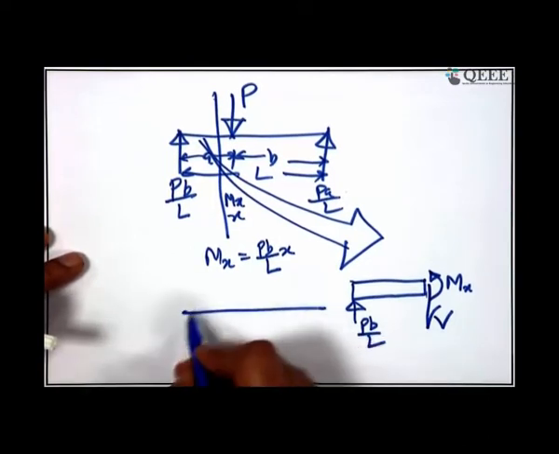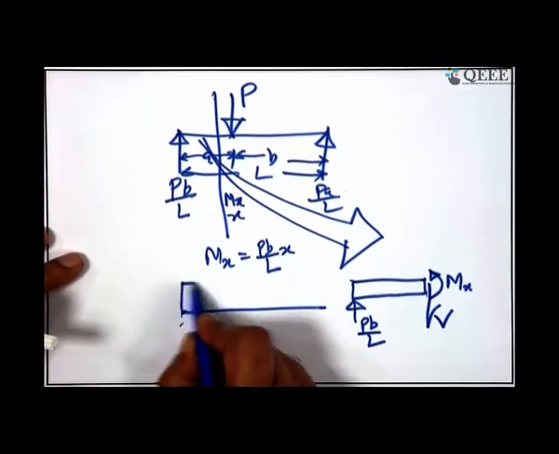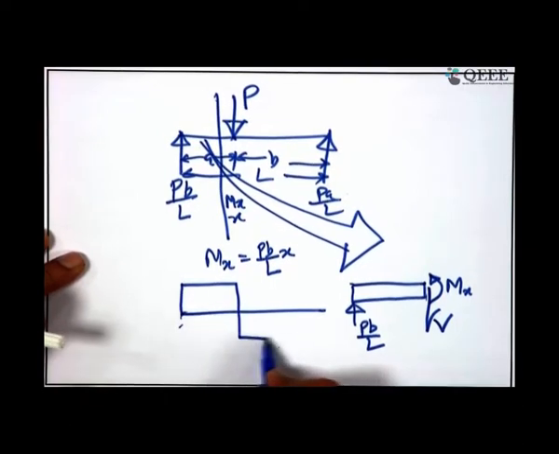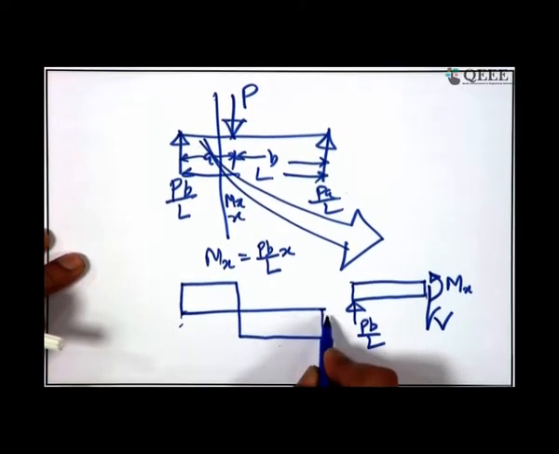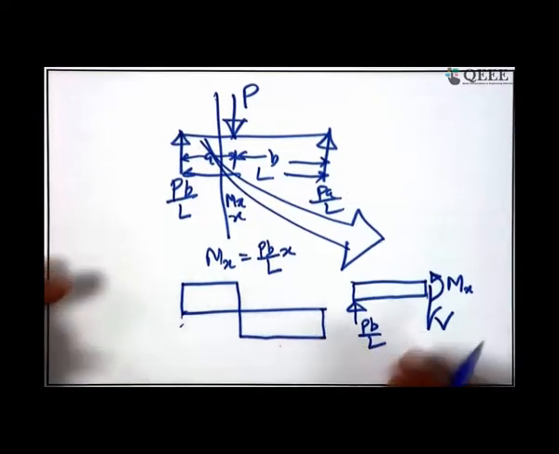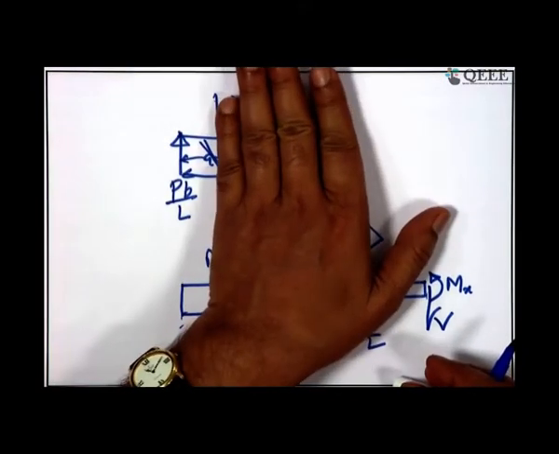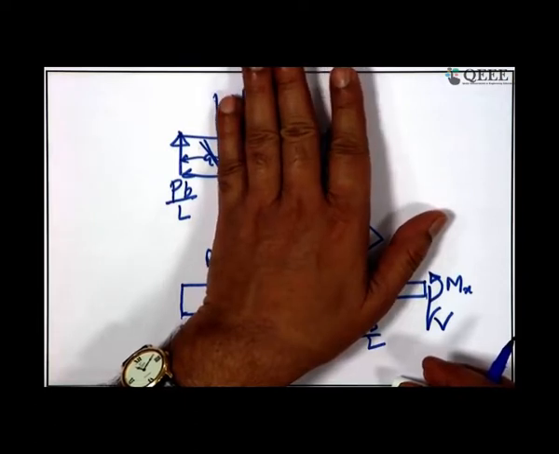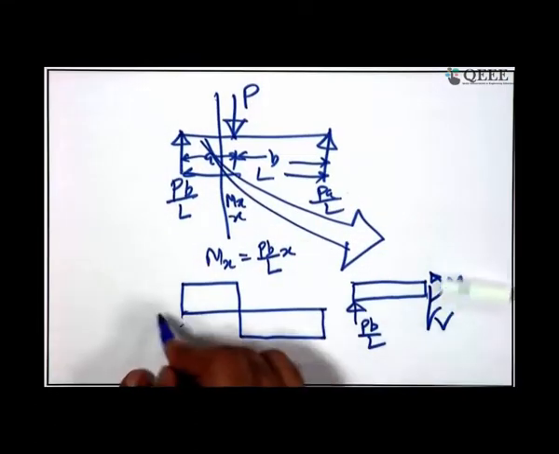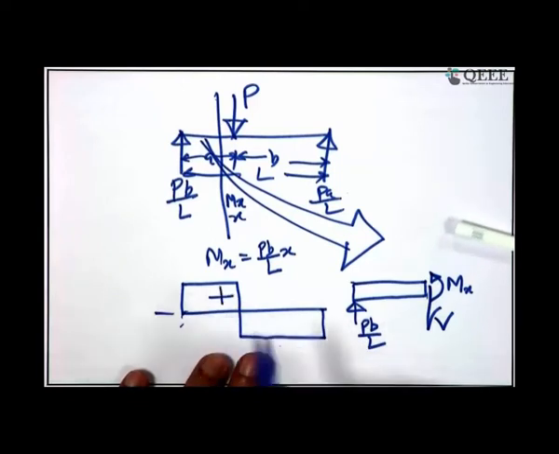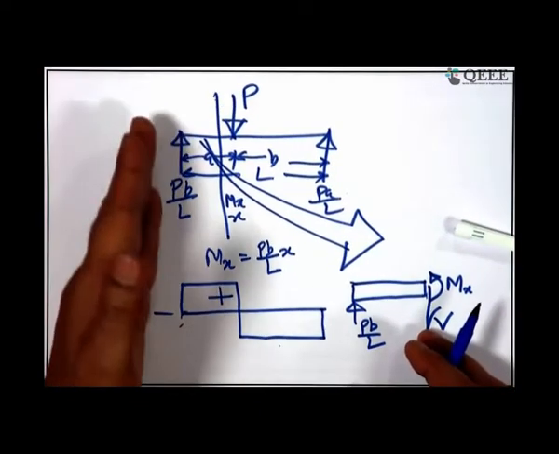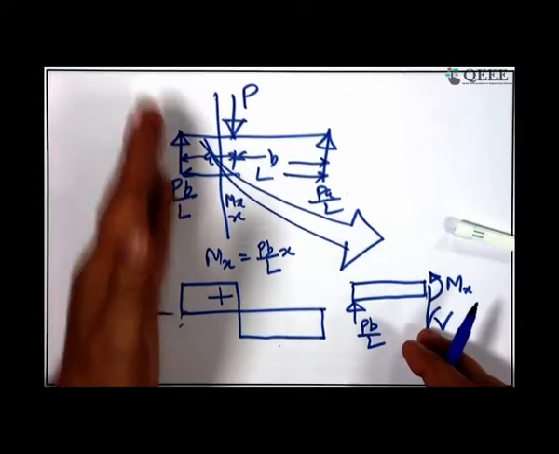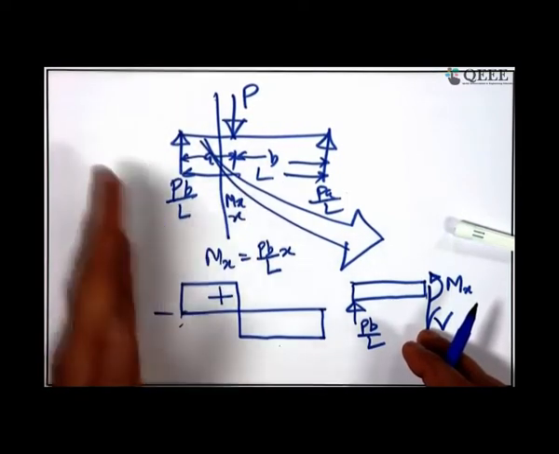Our shear diagram will be P b by L up, then P pushes it down, and then I go here and again P a by L pushes it up. So, considering each section, I am basically drawing the load diagram and calling it a shear force diagram. Positive shear comes for me when the actual load, which is the reactive force P b by L acting on the left, is left up.